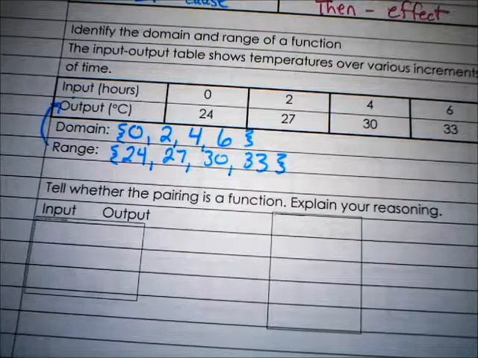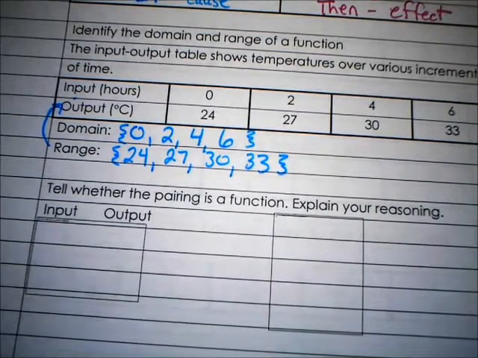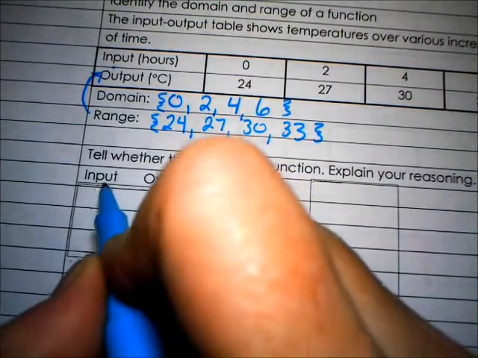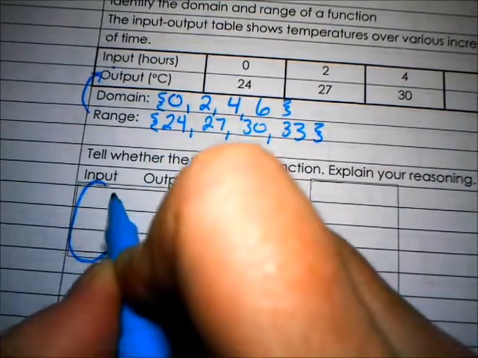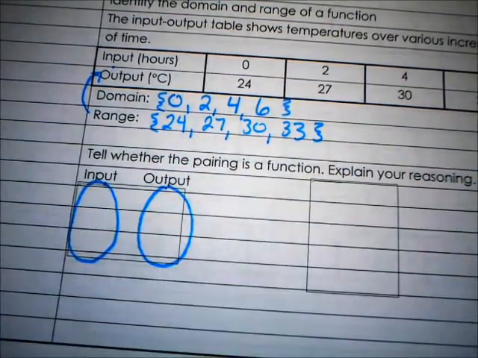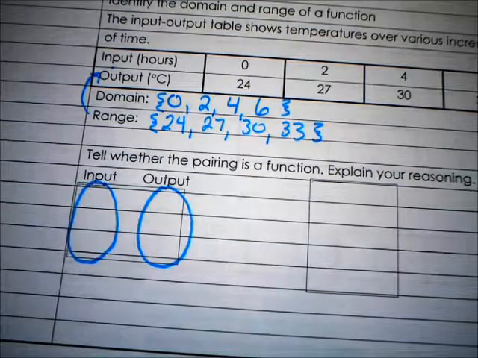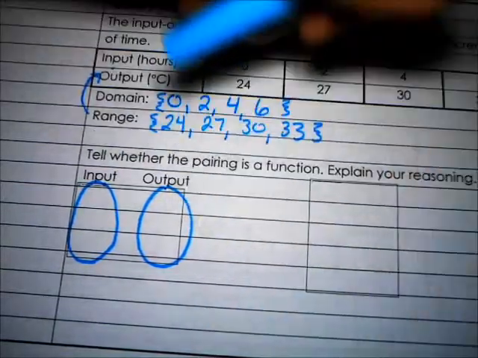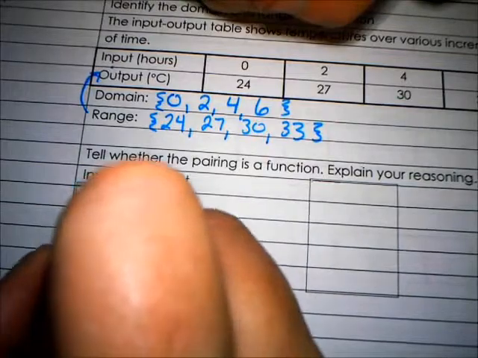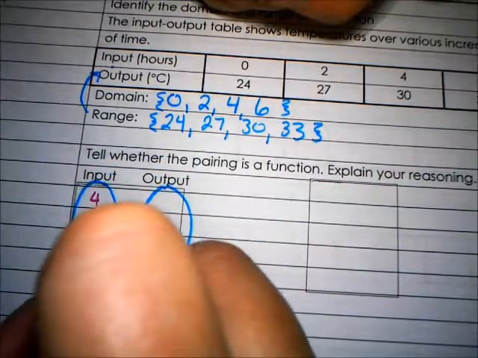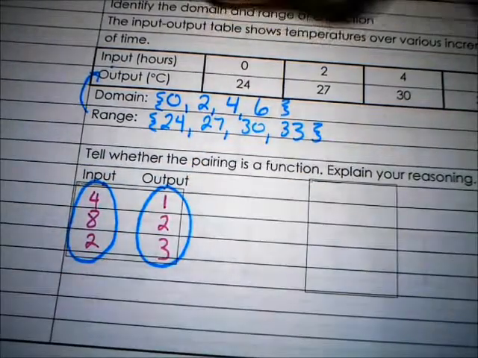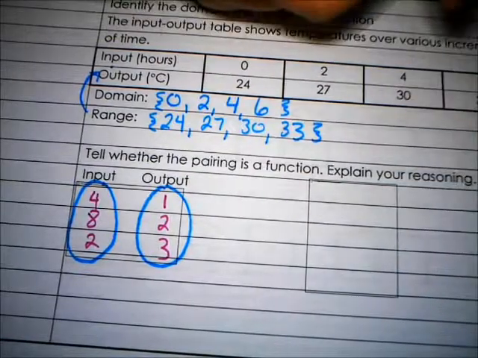Example 2 says, tell whether the pairing is a function and explain your reason. Well, if I have my inputs, we'll have this as a circle, and this one is a circle, looks like Mickey Mouse eyes, and inside them I'm going to put the numbers 4, 8, and 2, and then the other side 1, 2, and 3.